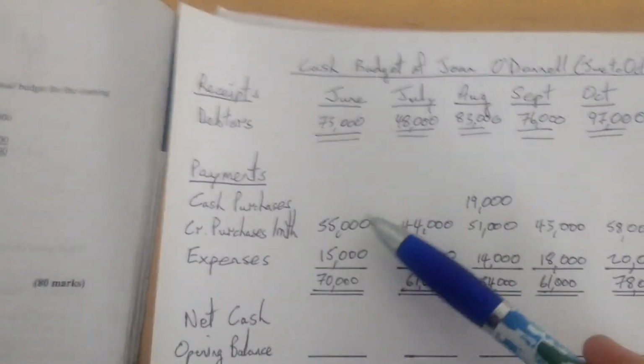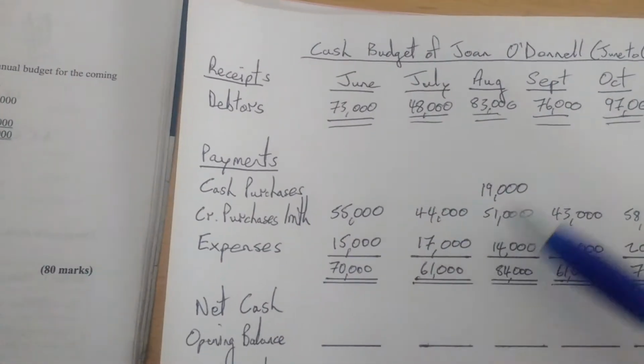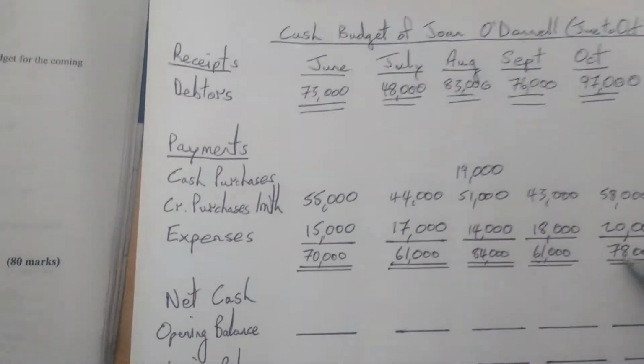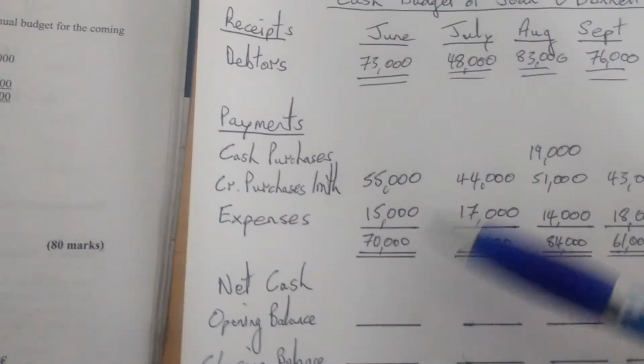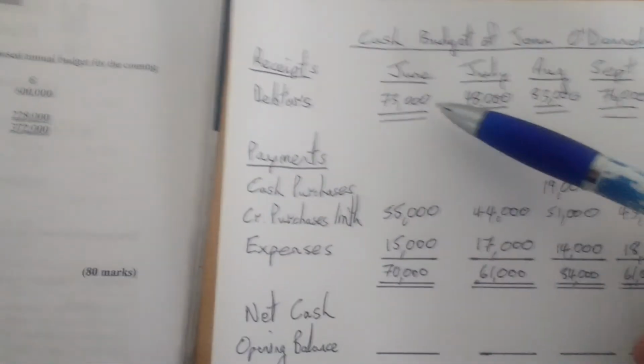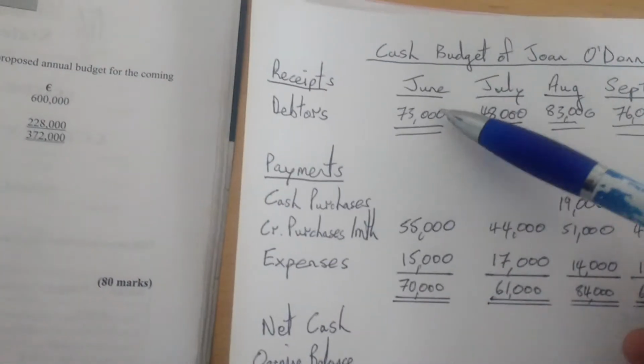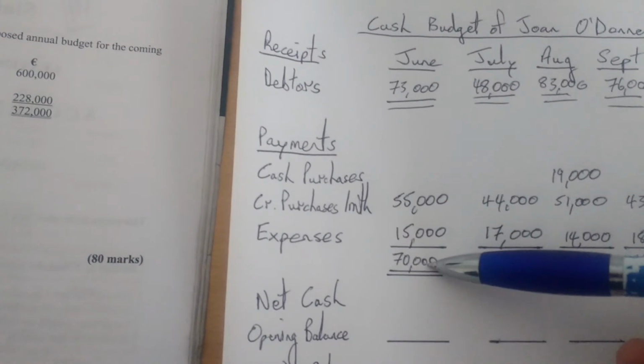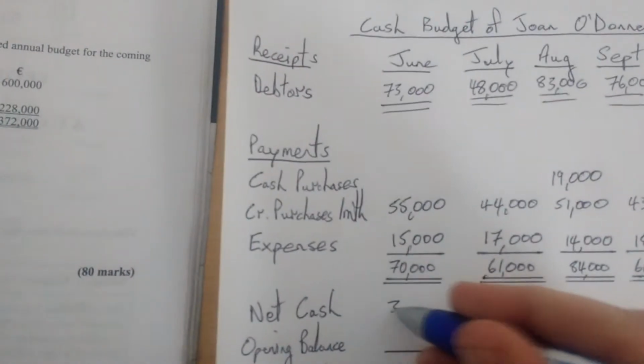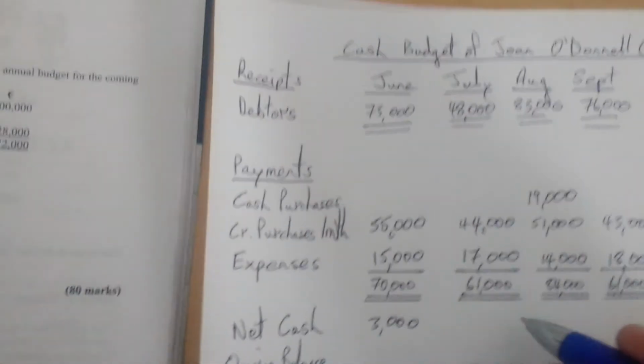Okay, then since I prepared this earlier, I just totaled these columns here as we would have done at the higher level, and then all I'm doing to get the net cash is adding, these are plus figures and down here these are minus figures. So plus 73 minus 70 gives me a plus 3,000. And I'm doing that for each of these.